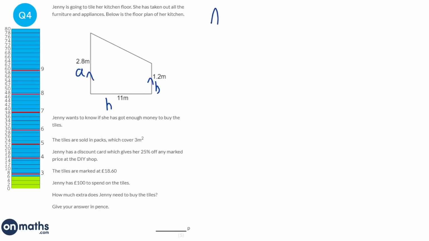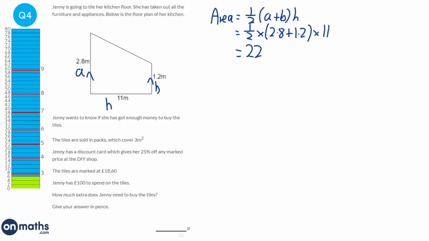So we're going to start off by writing down the formula. So it'd be half A plus B H. So half times 2.8 plus 1.2 times 11. And when we do that, we get 22. So the area of the floor is 22 meters squared.